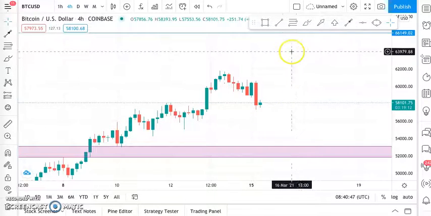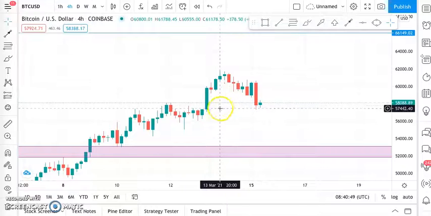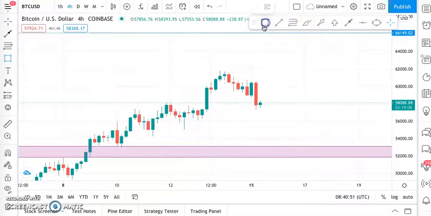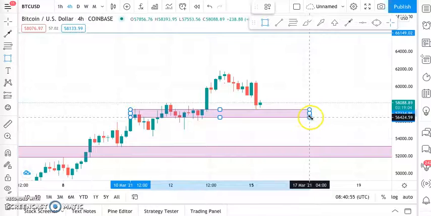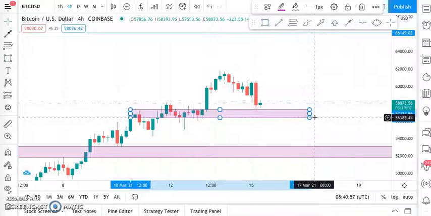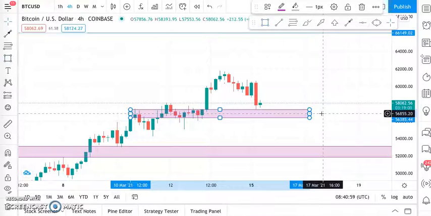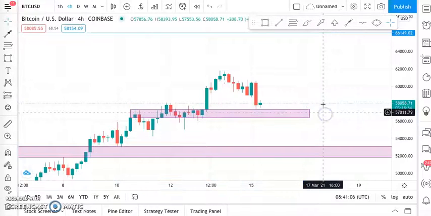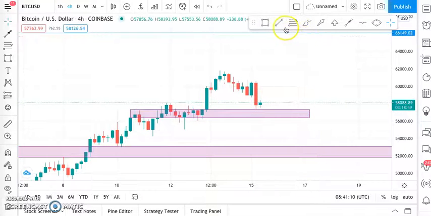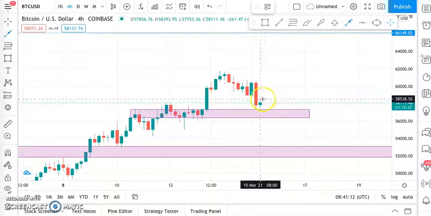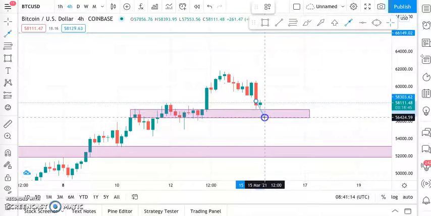So right now we do have price already rallying, already making a correction to this demand area we had already taken note of. So what we'll be doing right now is monitoring price as it's making this correction to the downside here.